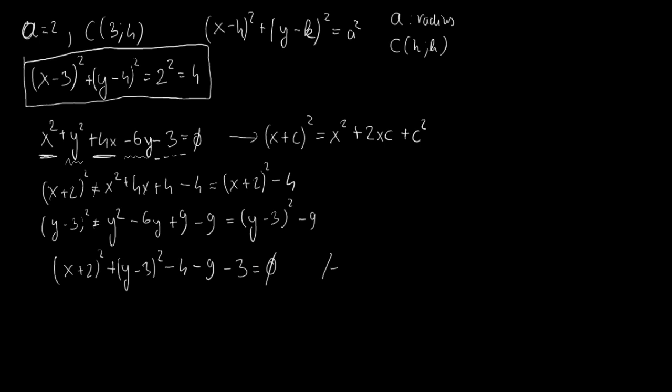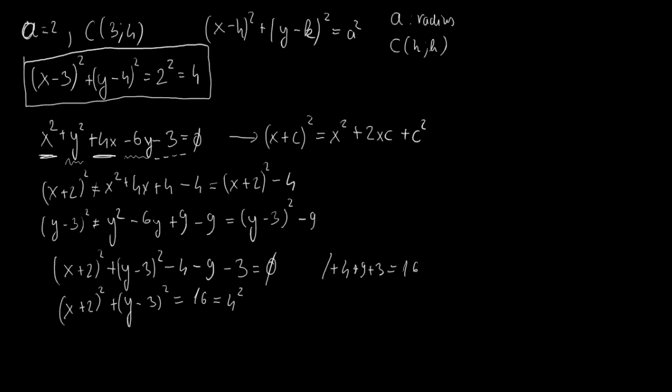Now we add 4 plus 9 plus 3 to both sides, which is a fast calculation, 16. And now we have x plus 2 squared plus y minus 3 squared equals 16, which is 4 squared.